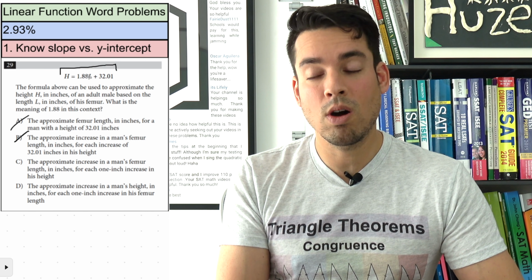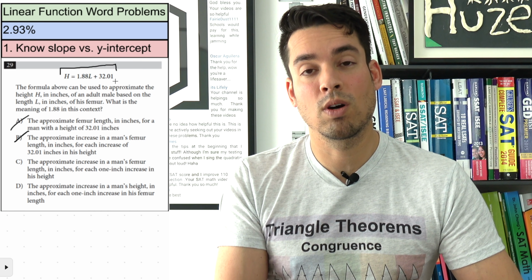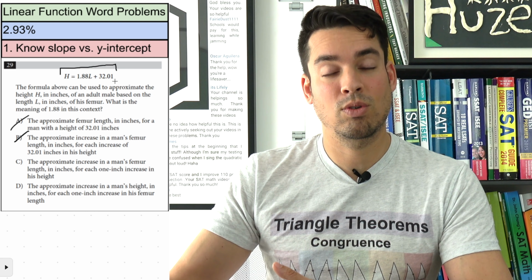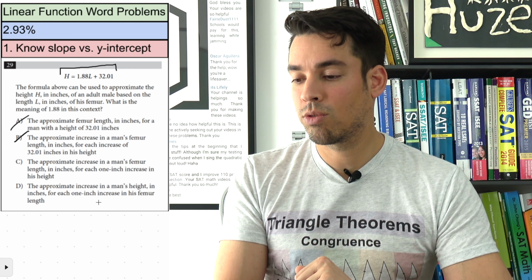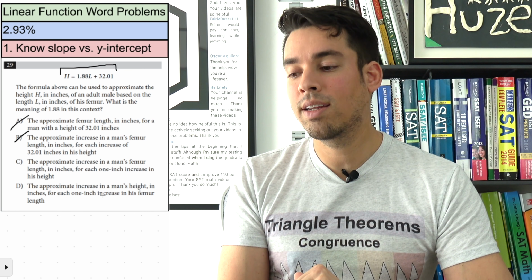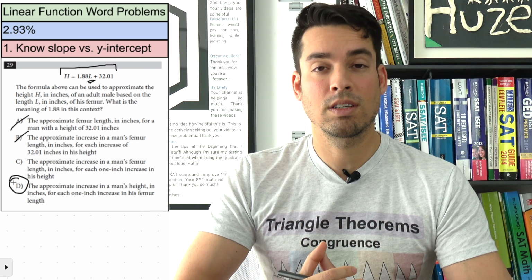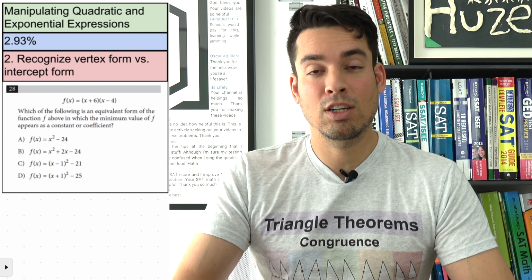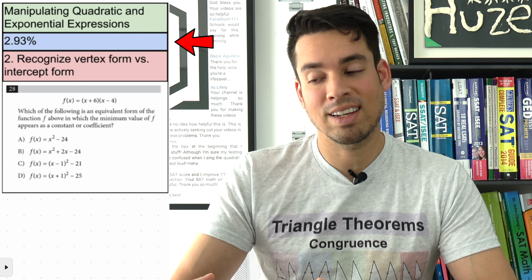If I plug in 1 for L, it would be 1.88 plus 32.01, which means that the length increases by 1 inch, the height goes up by 1.88, which means our answer is D. The increase in a man's height in inches for each 1 inch increase in his femur length, which represents L, and there it is.